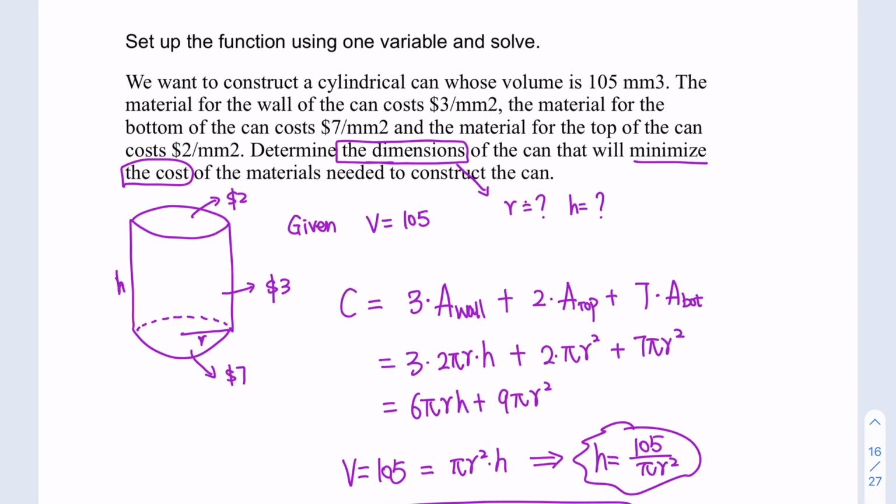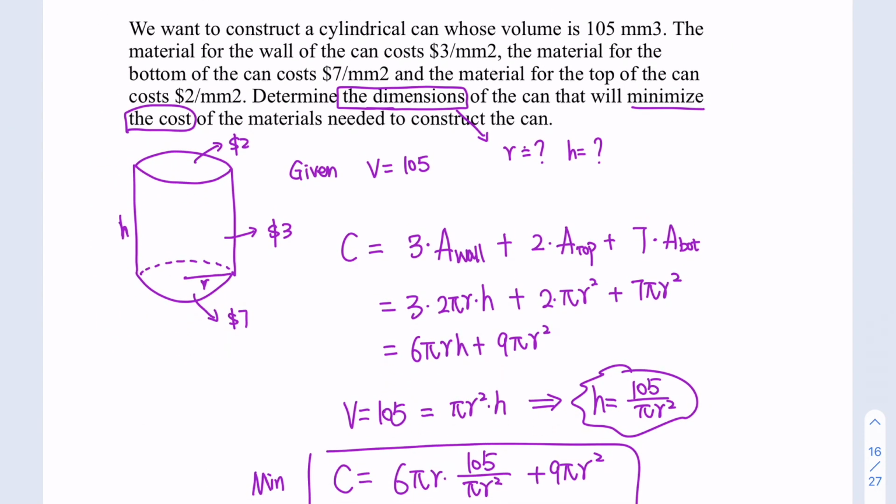The cost function. Given this cylinder where each side costs differently, what's the dimension for the can that will minimize the cost? How many variables do we need? For the cylinder, we need the radius and the height.